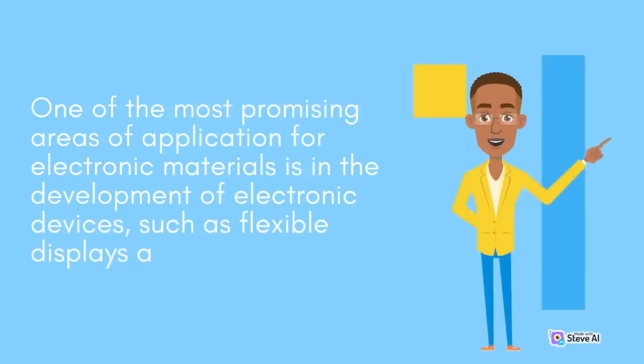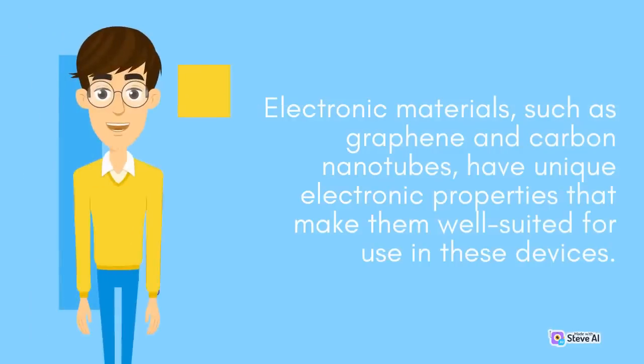One of the most promising areas of application for electronic materials is in the development of electronic devices, such as flexible displays and sensors. Electronic materials, such as graphene and carbon nanotubes, have unique electronic properties that make them well suited for use in these devices.